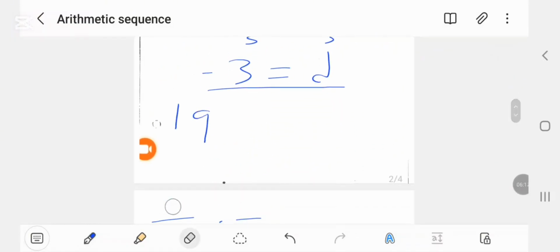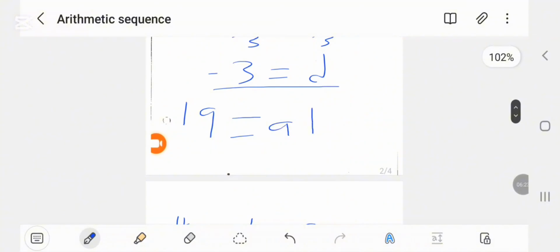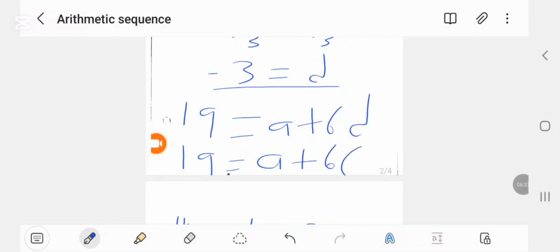19 is equal to a plus 6d. We're looking for a. We have d, which is 3.